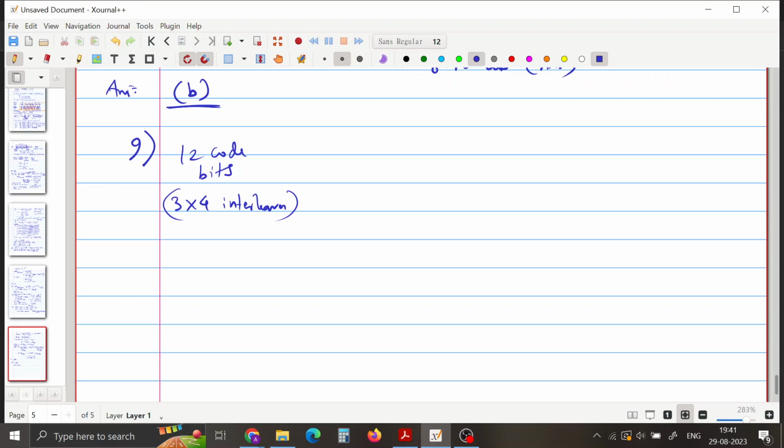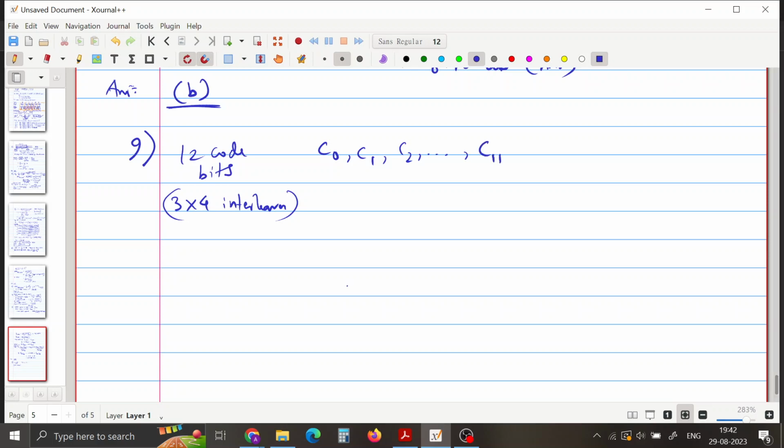An m cross n matrix has m times n elements. So a 3x4 interleaver has 12 bits. You see 12 code bits are there, so it completely accommodates them. These 12 code bits are in the sequence C0, C1, C2 and so on till C11.